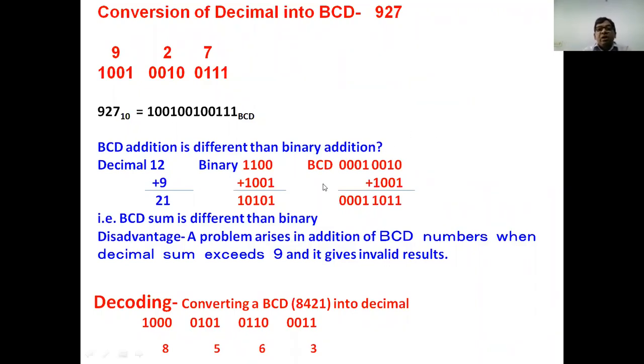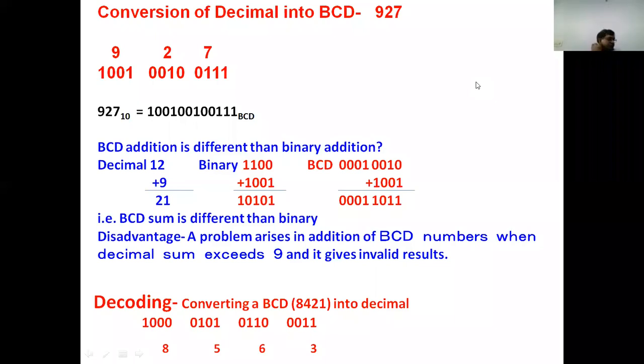So this 0001 0010 plus 9, that is 1001, becomes 0001 1011. Again, this binary is represented in the group of 4 bits, that is, in the form of nibbles. So here we can see that this BCD sum is different from the binary sum. The binary result is this one, and the BCD result is this one.